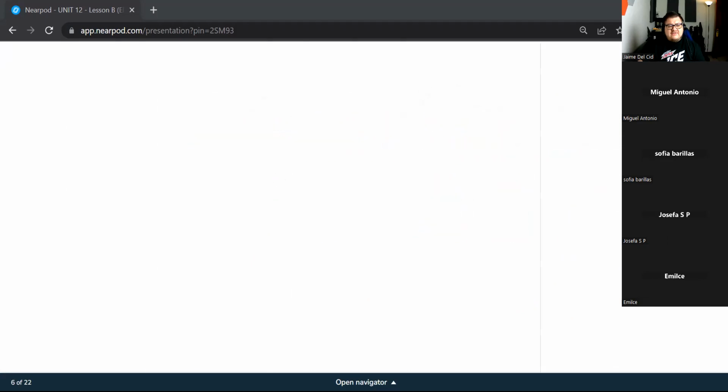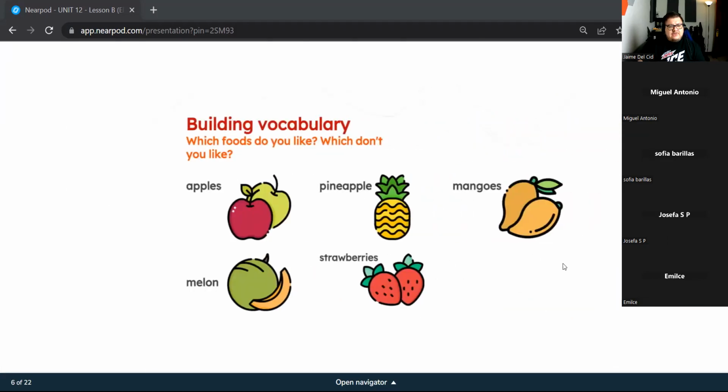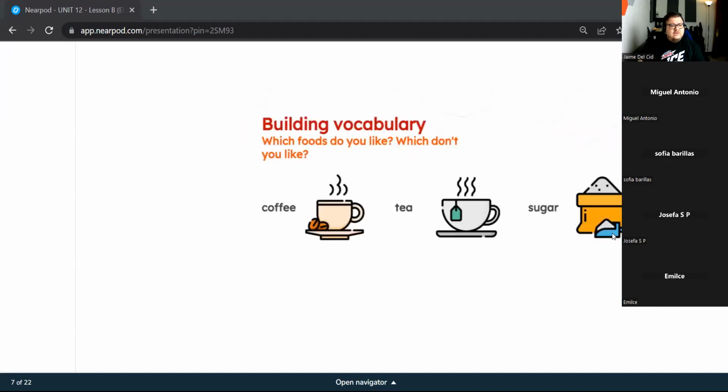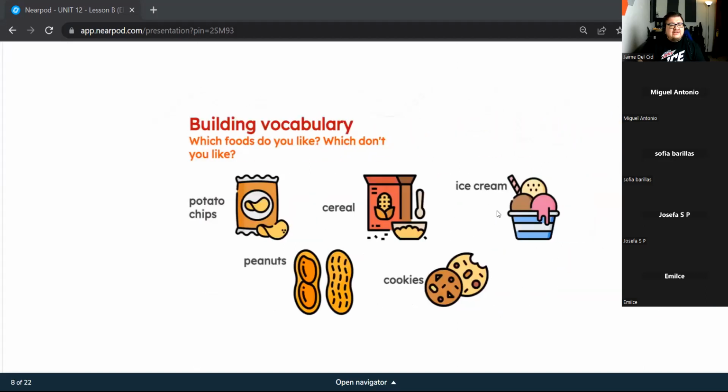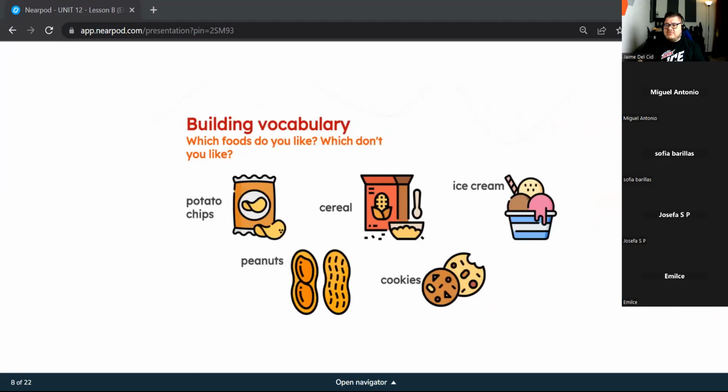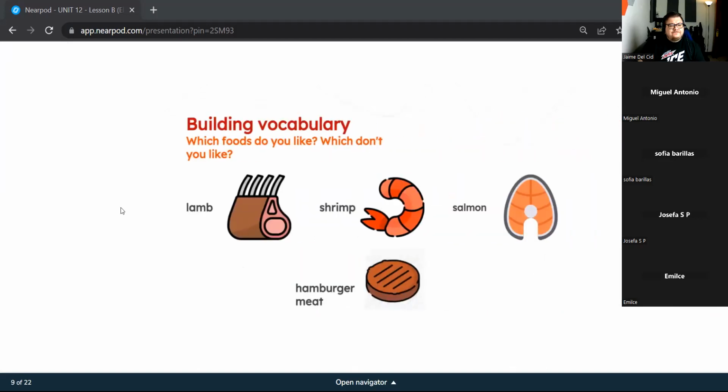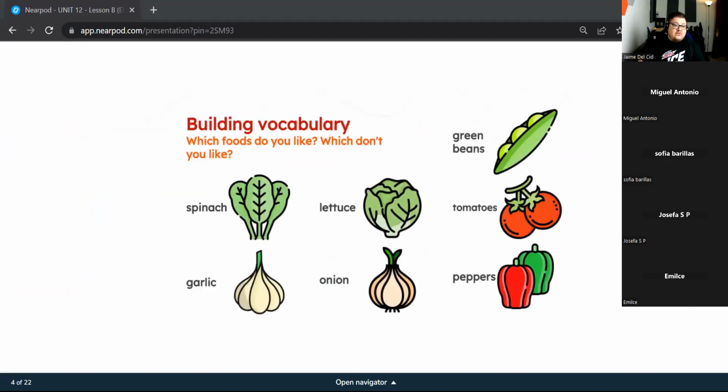Look at them. They have a picture and they have a name, and we are going to be able to review some of the vocabulary words that we probably know or maybe we don't know, right?